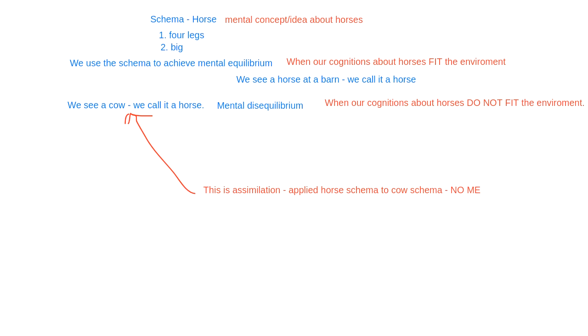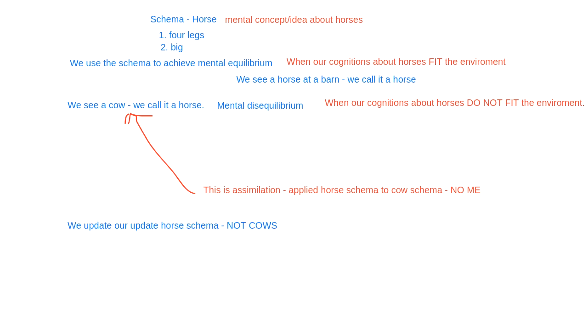Well, how about we try accommodation? So we update our horse schema. I'm going to keep it pretty simple.